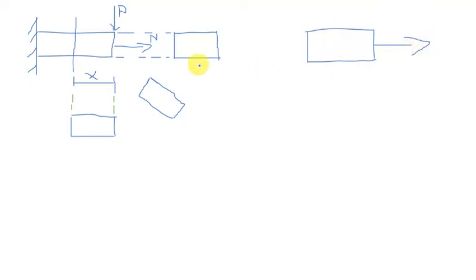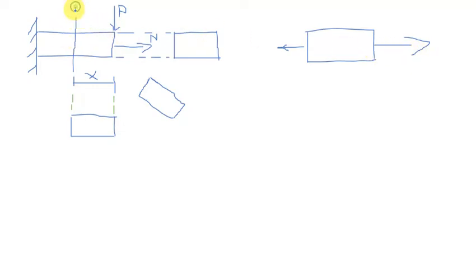For this member to remain in equilibrium, for it not to move in this direction, we must have a force which is acting in the opposite direction to this axial load.